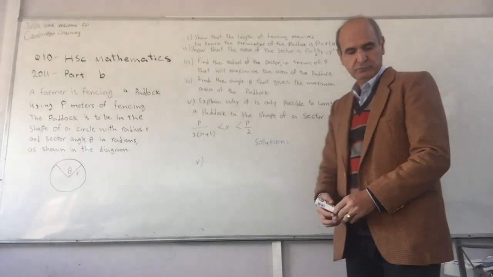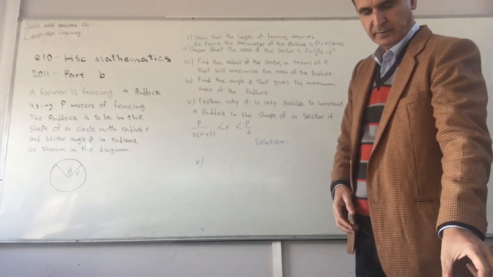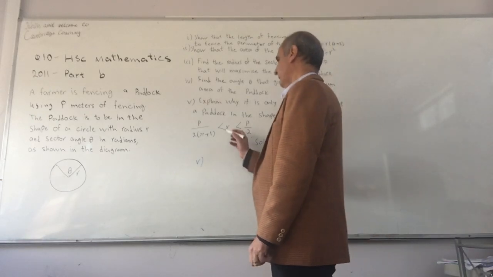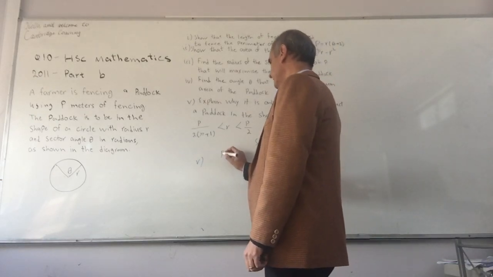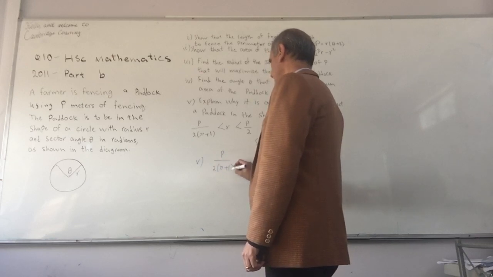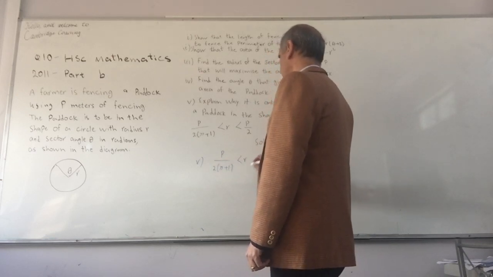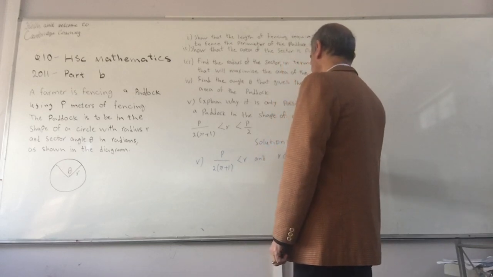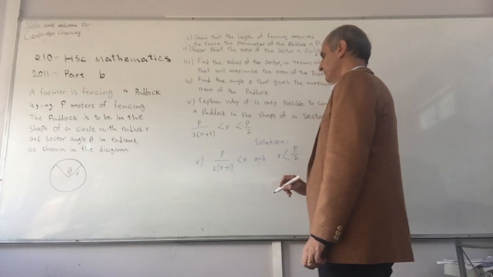So basically we have two inequalities here, and we need to show that these inequalities must be met, so we can have this paddock in the form of a sector.